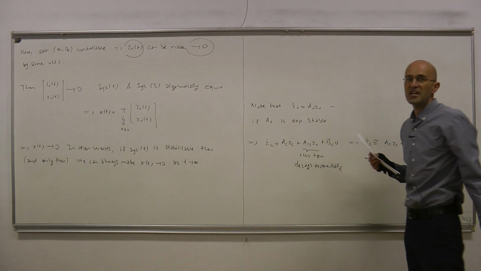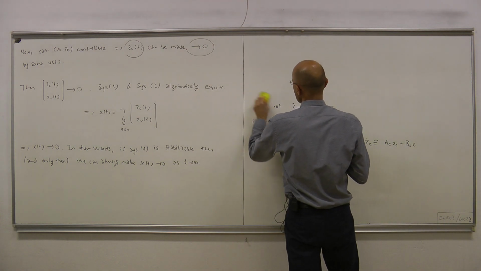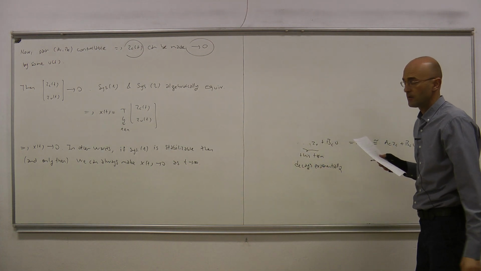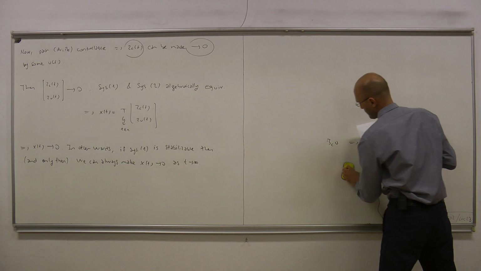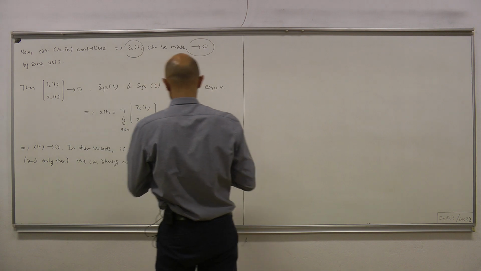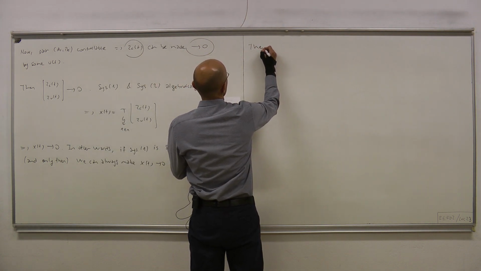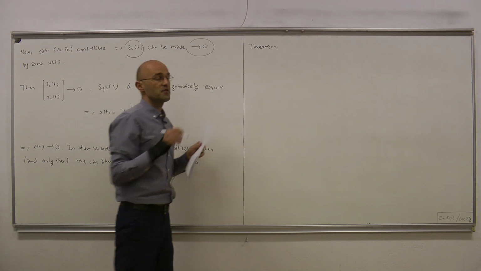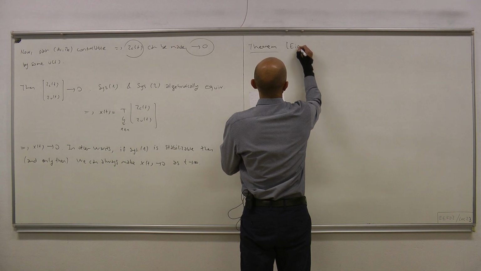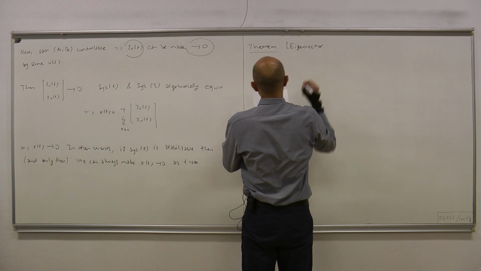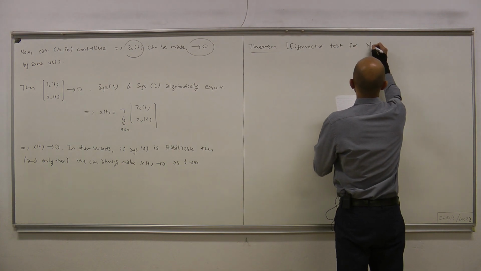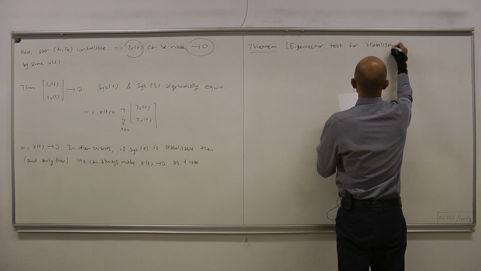Basically, it's a very nice extension of the PBH test that we developed for checking the controllability of a system. Okay. Here is a nice check for stabilizability. It's called the eigenvector test for stabilizability.